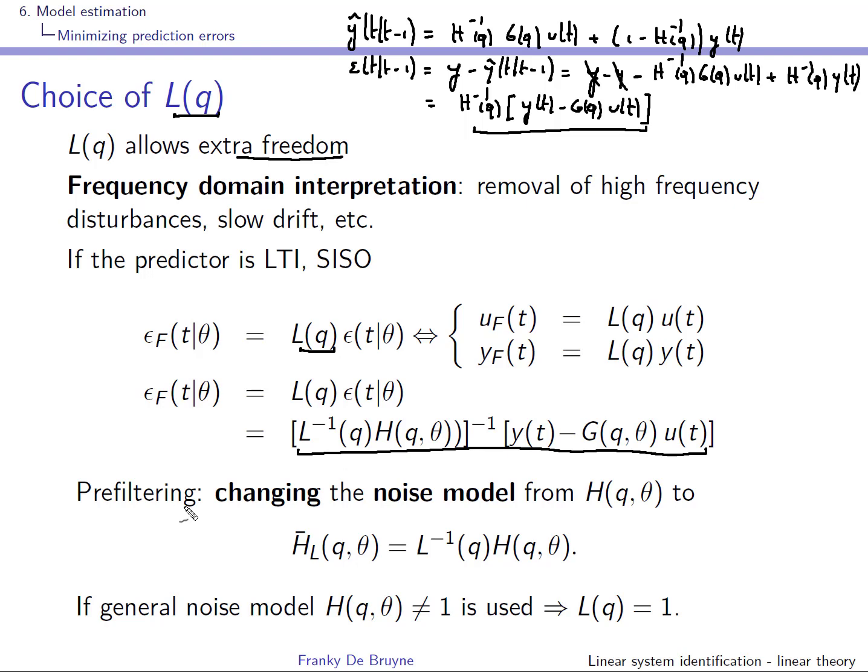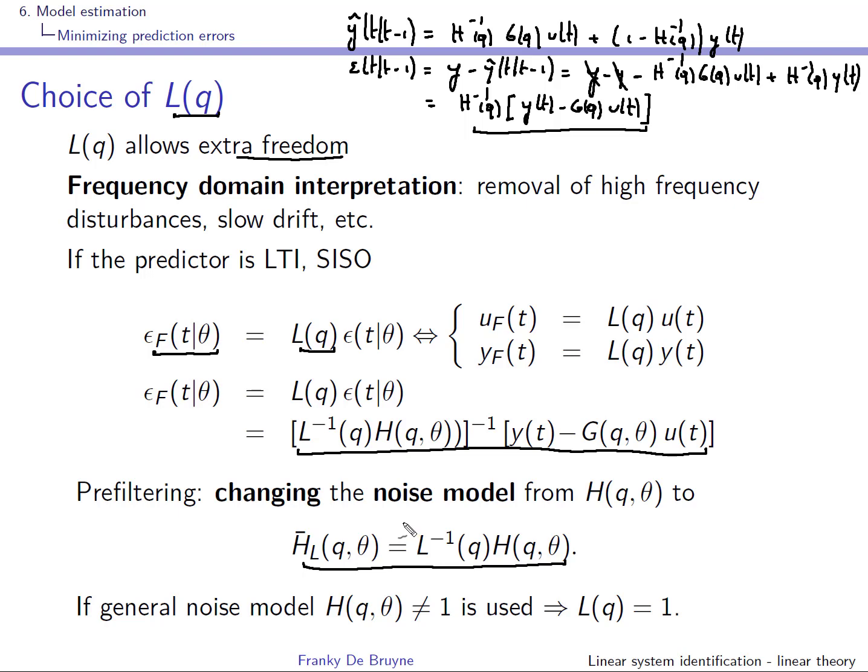You can see that if you do filtering of the residuals and you use this filter in the prediction error identification, you are really changing the model from what it was in your actual model structure to the noise model that you have over here. So filtering the residuals, or using this filter to filter the inputs and outputs, is really changing the model structure.